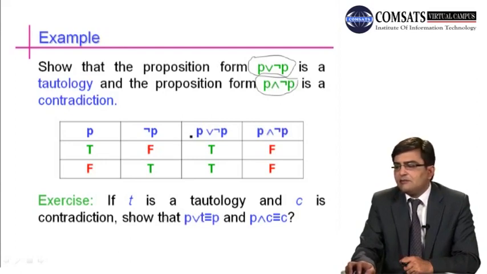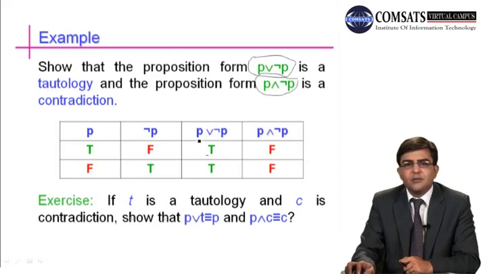Now we can write the truth values of the compound proposition P or not P. As we know, the disjunction operator's truth value is true if at least one of the propositions is true. Here we have true and here we have false, therefore here we will have true.